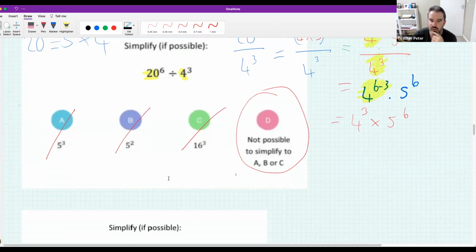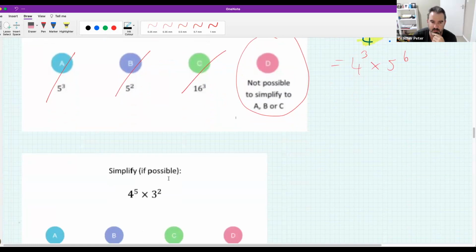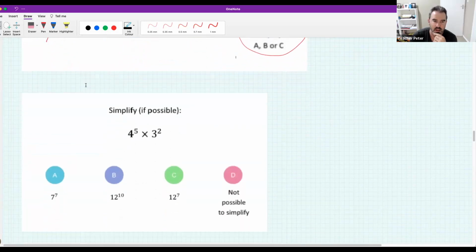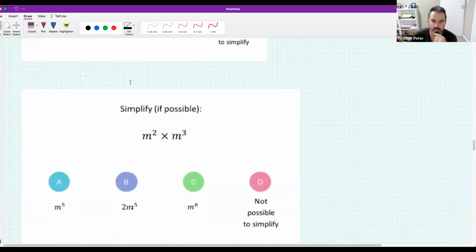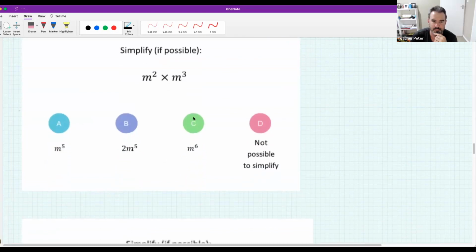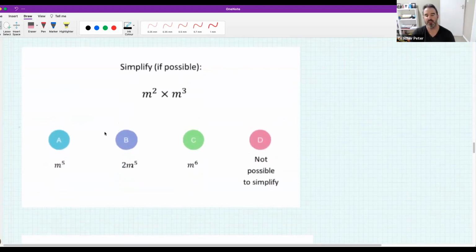Okay. Let's do one more before we have a break. I want to do this one before we have a break. M squared times m cubed equals which of the 4 options?